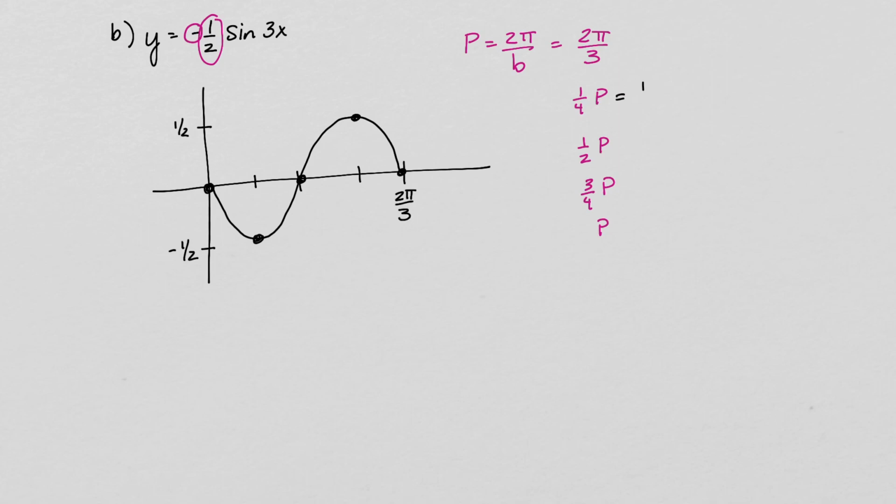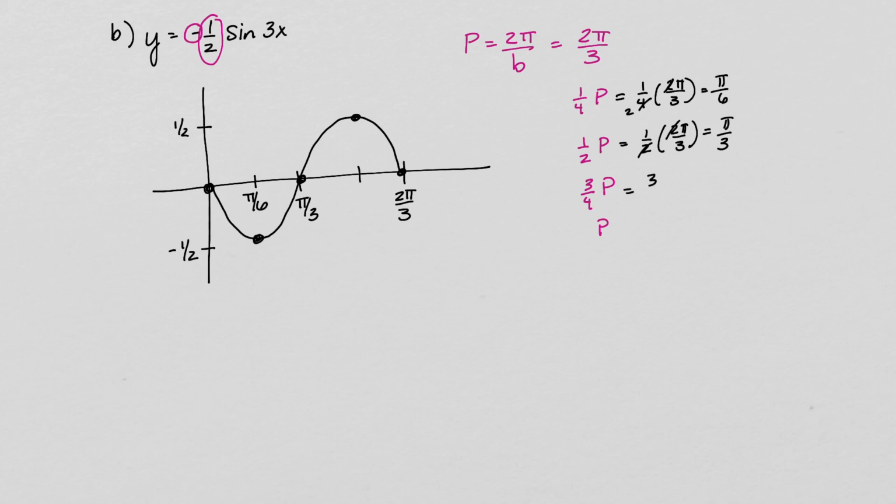So 1/4 P is going to be 1/4 times 2 pi over 3. So the 2 and the 4 would cancel, leaving a 2. So we end up with pi over 6. So that's this first place, pi over 6. 1/2 P is going to be 1/2 times 2 pi over 3. So the 2's would cancel, and we're just going to get pi over 3.